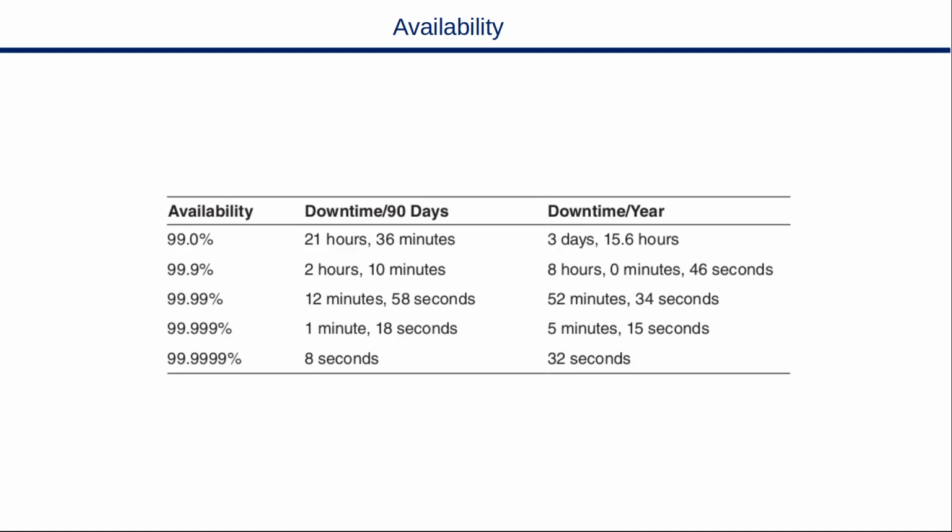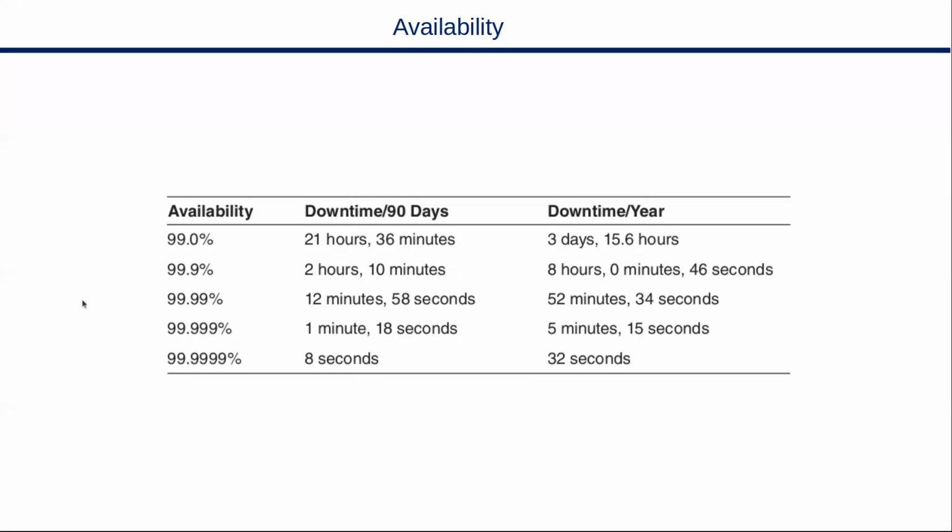It means for 90 days it's 21 hours 36 minutes, and for the year, 1% unavailability means 3 days and 15 hours. As much as you wish to grow this characteristic, for example, even to 99.999%, it's just 5 minutes per year that the system will be unavailable.